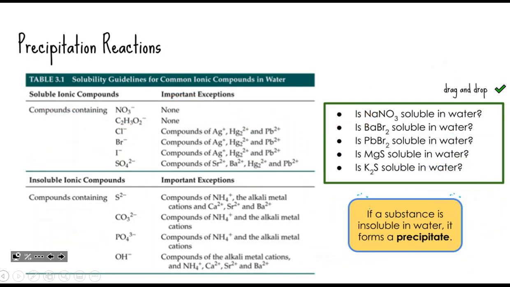All right, so we can do a few practice before we leave, looking at our solubility rules. Is sodium nitrate soluble in water? Is that a yes or a no? Is it soluble in water?